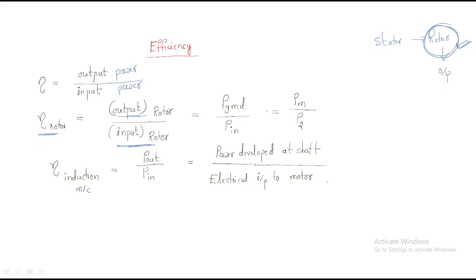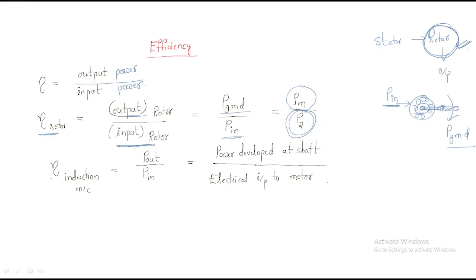Output of the rotor is the gross mechanical power developed, and the rotor takes its input from the stator. Gross mechanical power is represented with PM, and rotor input is P2.